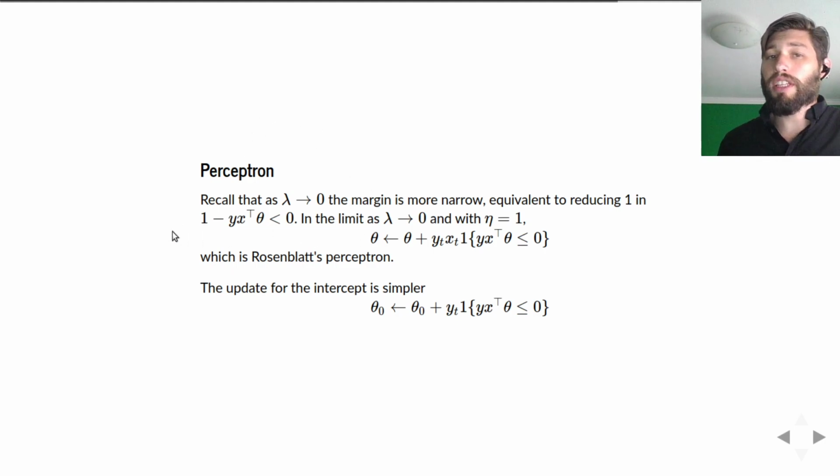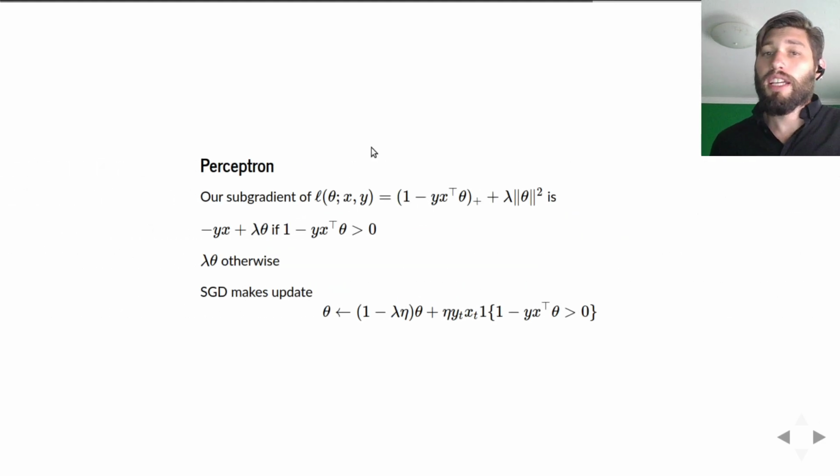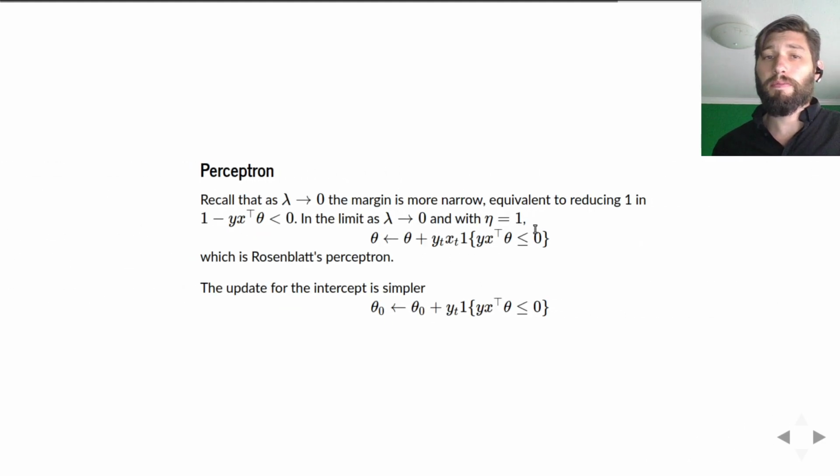The reason is, if lambda is 0, then we're going to allow theta to be very large. And if theta is very large, that means that we have a narrow margin, because the margin width is inversely proportional to the norm of theta. So as lambda goes to 0, the margin is going to get more and more narrow.